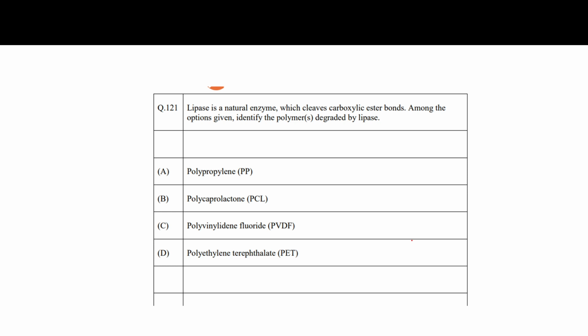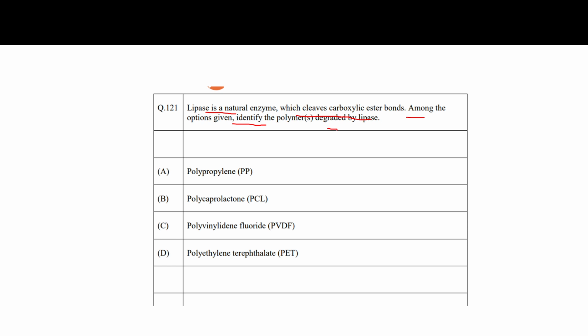The first question is one that came in the GATE exam. Lipase is a natural enzyme, so it cleaves the carboxylic ester bond. Among the given, identify the polymers degraded by lipase. So lipase can only degrade the carboxylic ester bond.